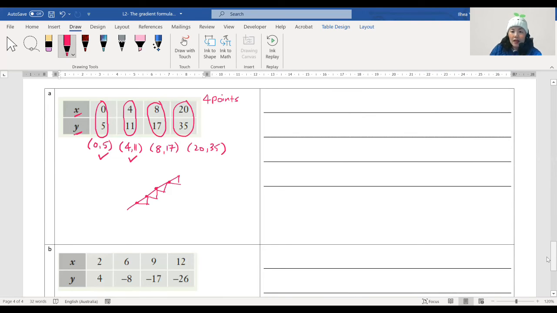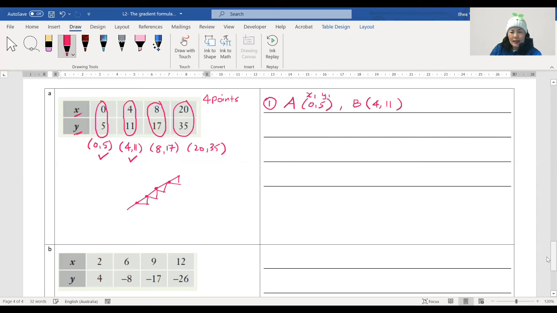First step, I'm going to have to choose my first point and the second point. I'm going to call my first one, 0 and 5, my point A. The second one, 4 and 11. Of course, the first one is x1, y1.